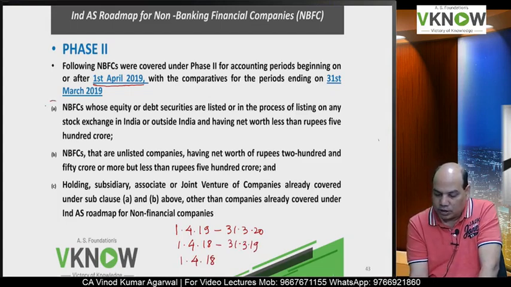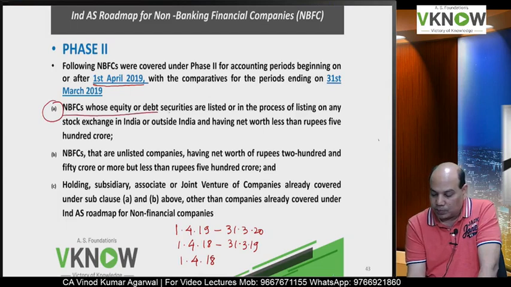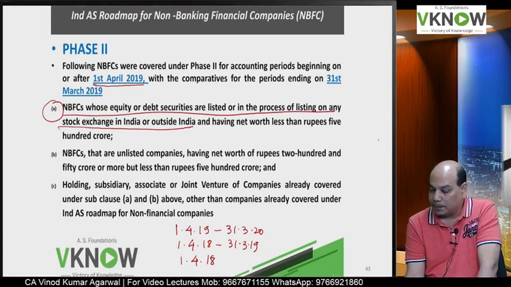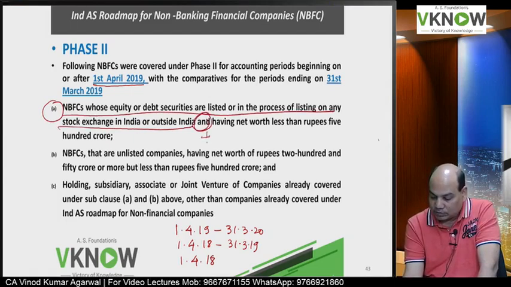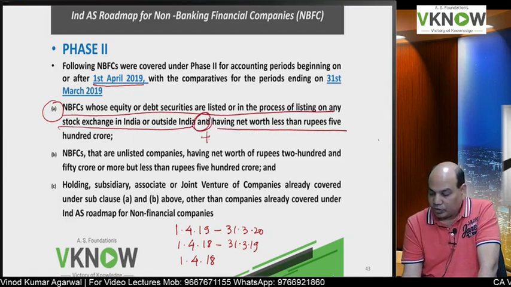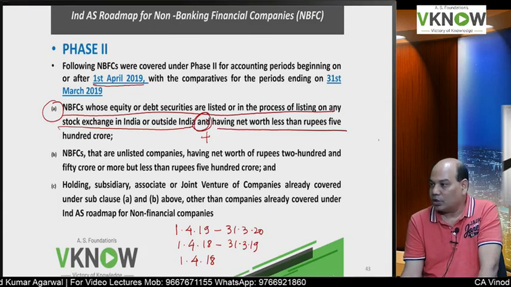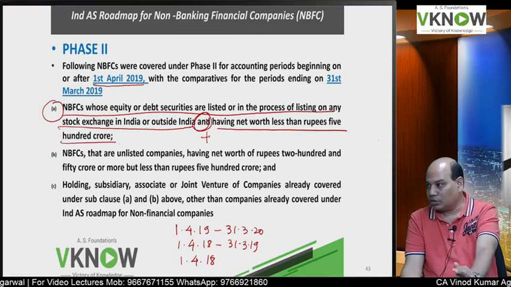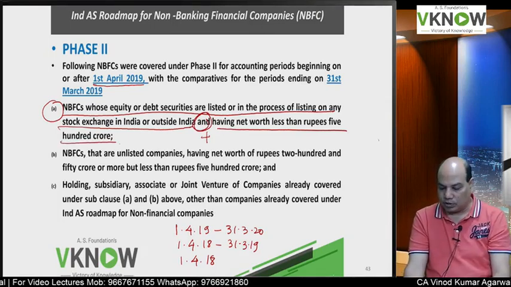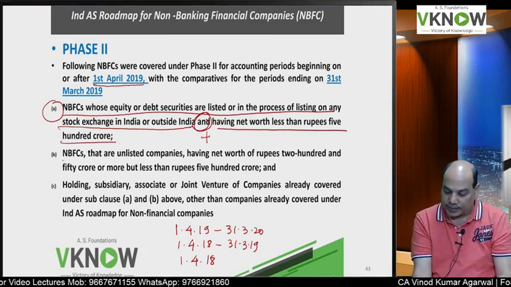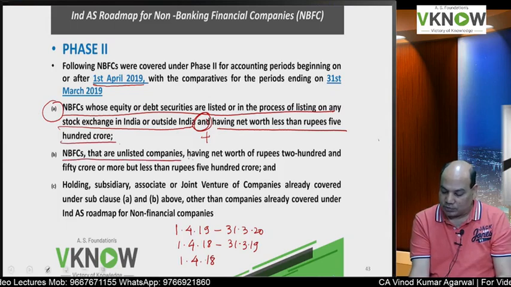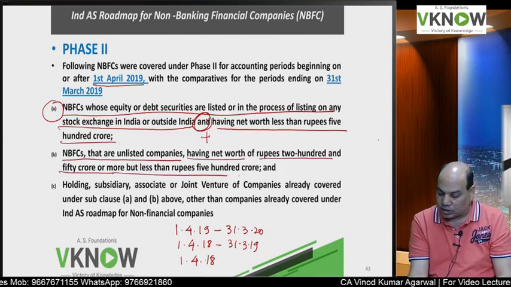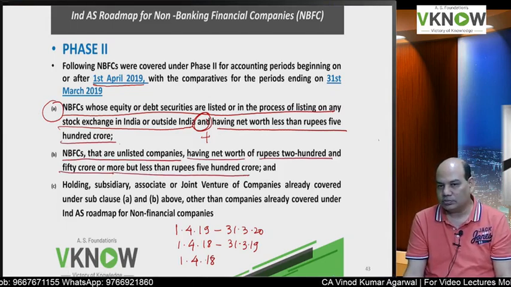Which are covered here: listed or in the process of listing, plus net worth less than 500 crore rupees. Because if net worth is more than 500 crore, they are already covered under phase 1. And then they are saying NBFCs that are unlisted having net worth of 250 crore or more but less than 500 crore.